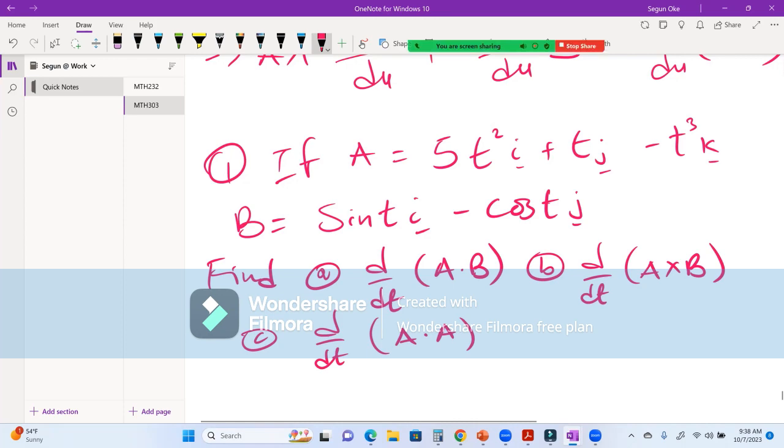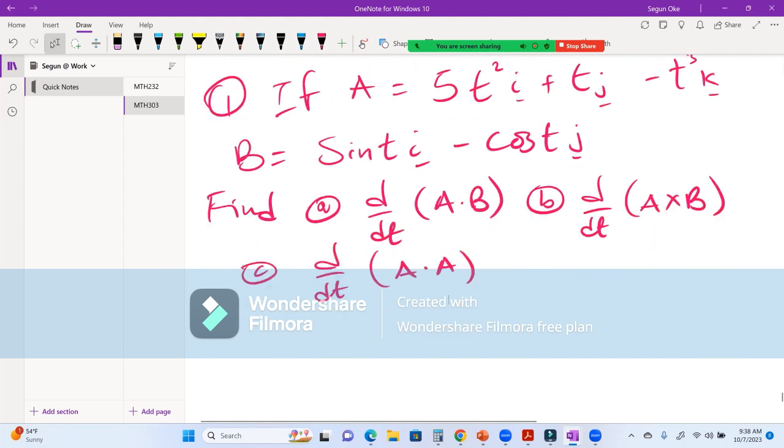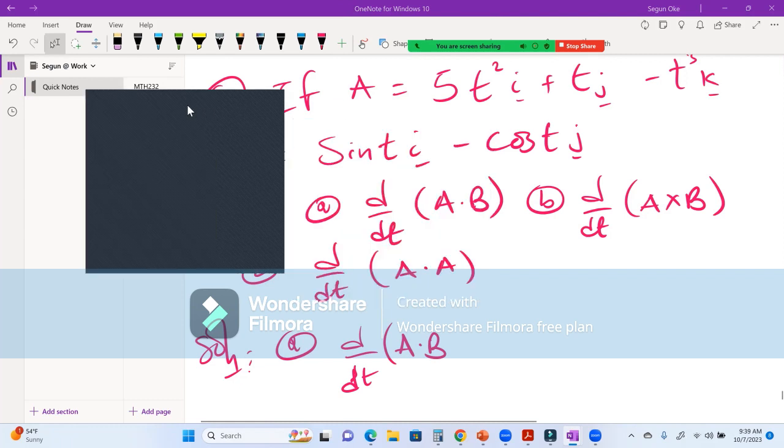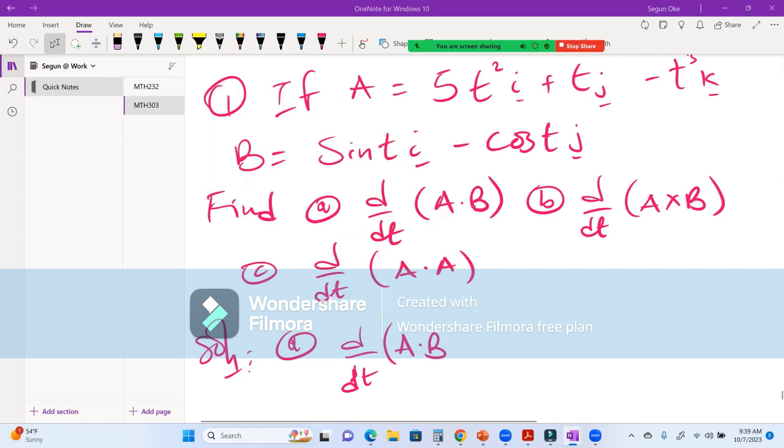Hello, are we there? Yes, sir. Okay, good. So for us to solve this, let's look at the solution. For part a, we know the definition I gave you in the last class for d/dt of A dot B. What's the definition of this?